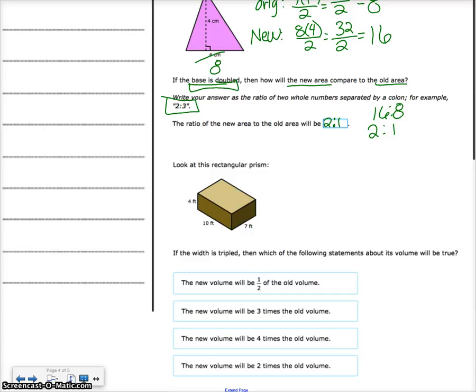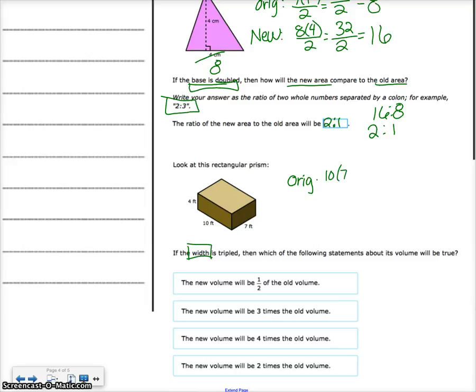Looking at this rectangular prism, if the width is tripled, then which one of these statements about its volume will be true? So I'm only changing the width. So I'm going to find the original. Remember, volume, you just multiply all the dimensions, length times width times height.